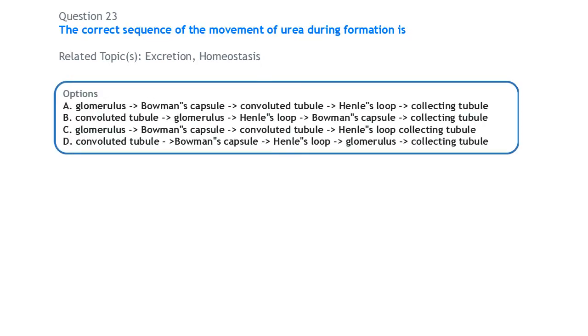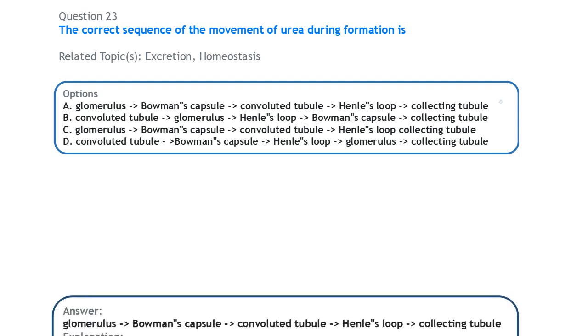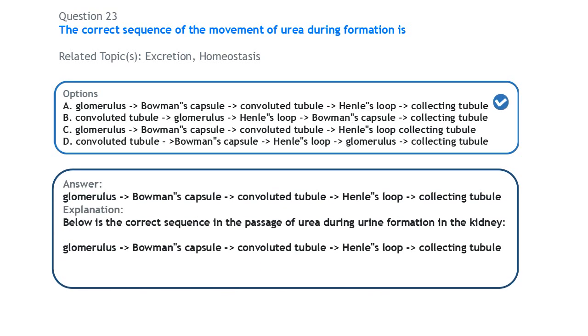Question 23 on excretion and homeostasis. The correct sequence of the movement of urea during urine formation is, okay, so during urine formation, which occurs in the kidney, the fluid goes from the glomerulus into the Bowman's capsule.